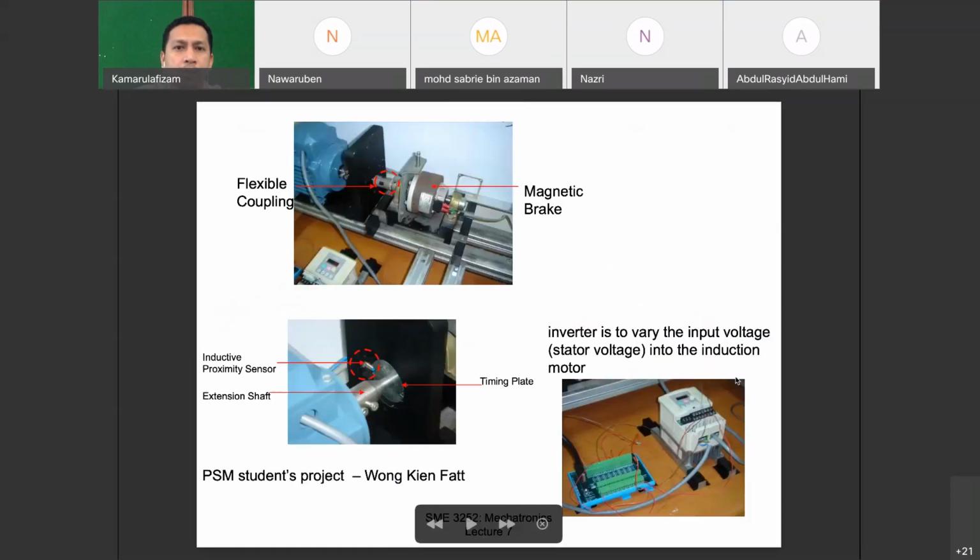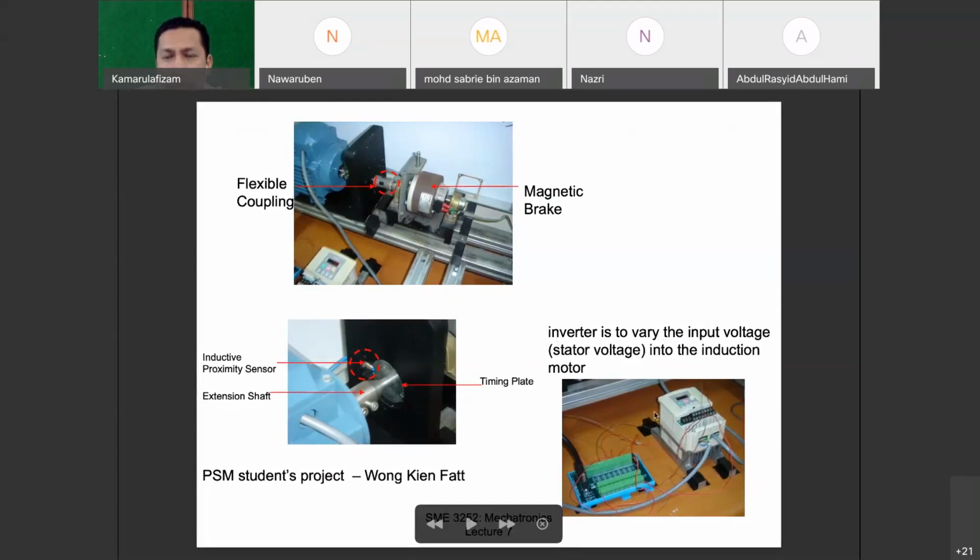Okay, flexible coupling. Oh, this is magnetic brake. Flexible coupling, magnetic brake, timing plate. Okay, inverter is to vary the input voltage to the induction motor.